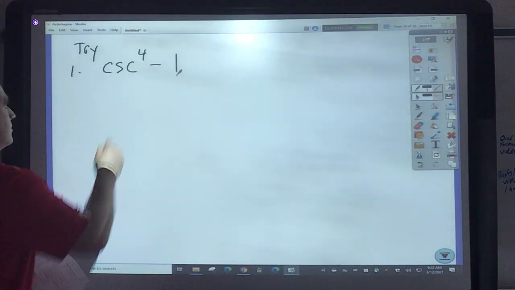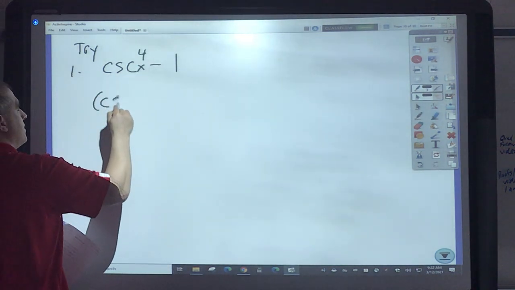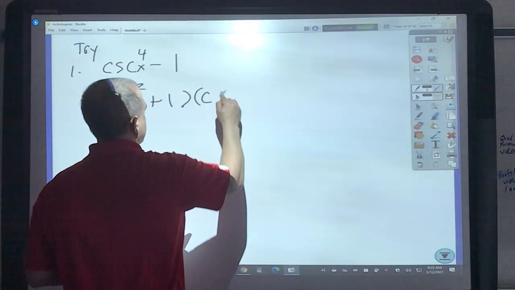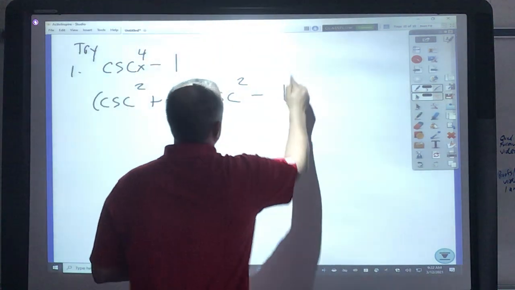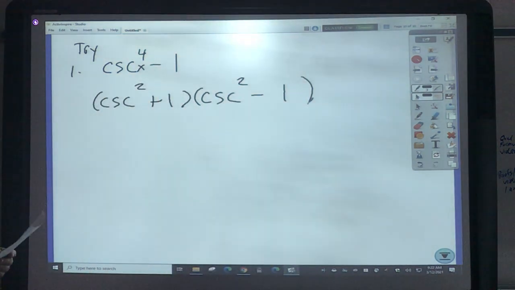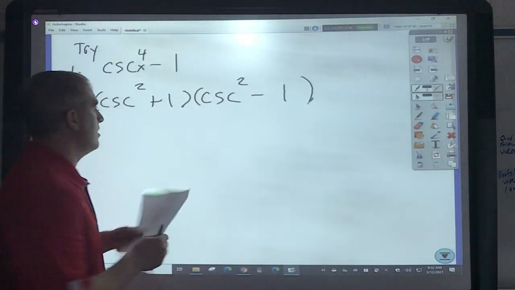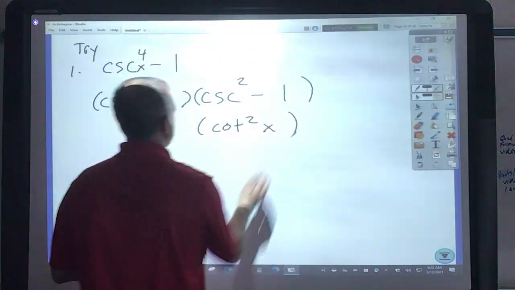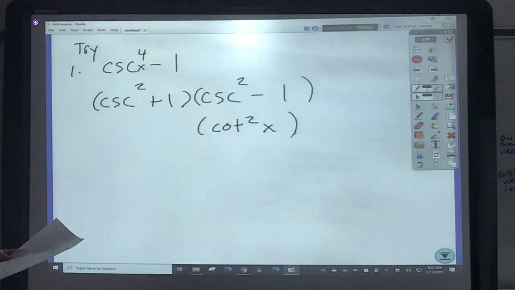This would be cosecant squared plus 1, cosecant squared minus 1. Our cosecant squared minus 1 would equal cotangent squared.